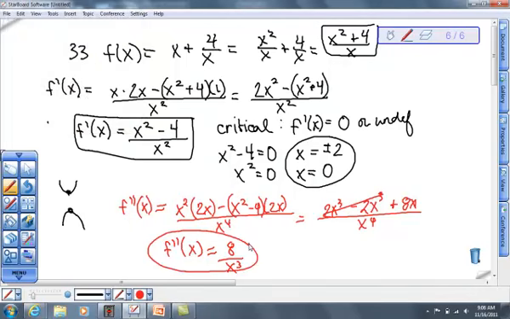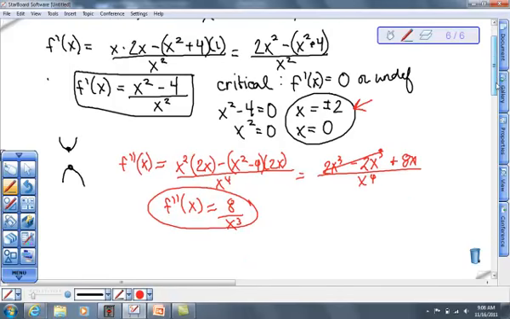Now I'm going to plug in these values. For example, f double prime of 2 is going to be equal to 8 over 2 to the third, which is just going to be 1, but once again that's positive.